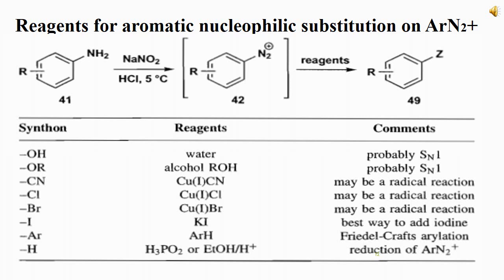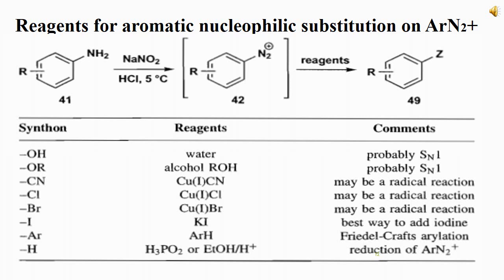Structure 41 is shown here, diazotized at 5 degrees centigrade, and then the diazonium intermediate 42 is formed. Then the reagents, whatever the nucleophiles are, attack, and 49 is formed, with the attachment of that nucleophile and the removal of N2 gas.